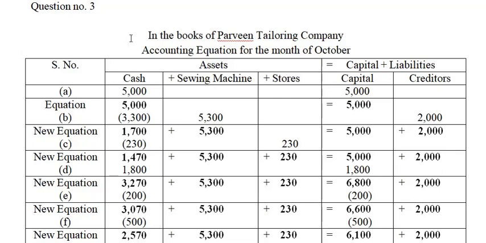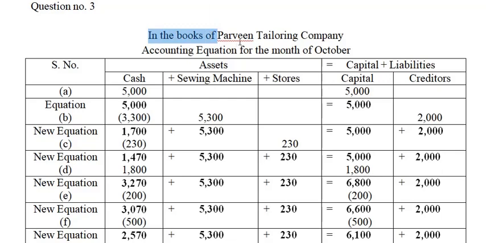When you start work in accountancy, in each and every question, whatever you prepare, be it the accounting equation, journal, ledger, trial balance, cash book, subsidiary books, or final accounts in class 12, you always have to start with "In the books of".